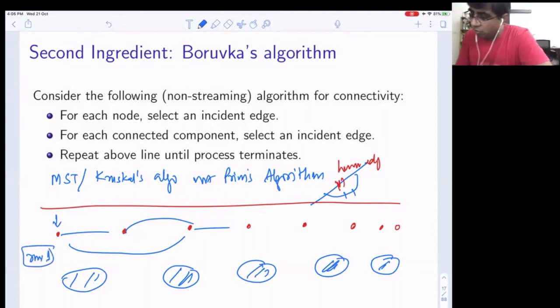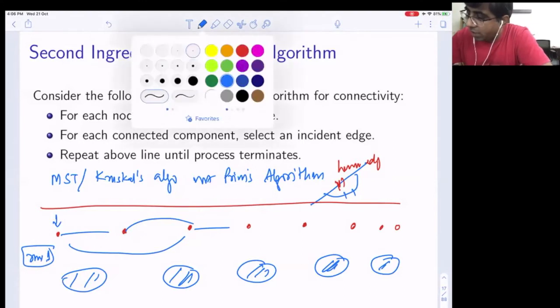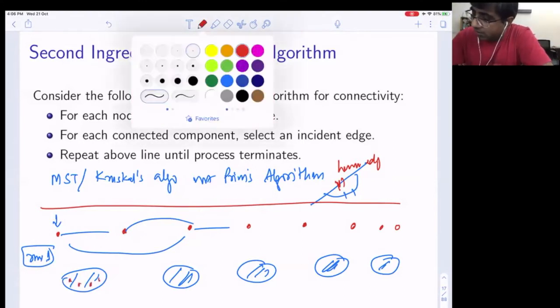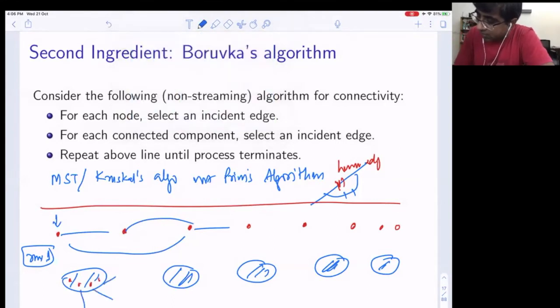Now in round two, we collectively call this component's vertices as one, and we select an edge incident to this connected component. What I mean by incident is an edge which has one endpoint in this connected component and the other outside.